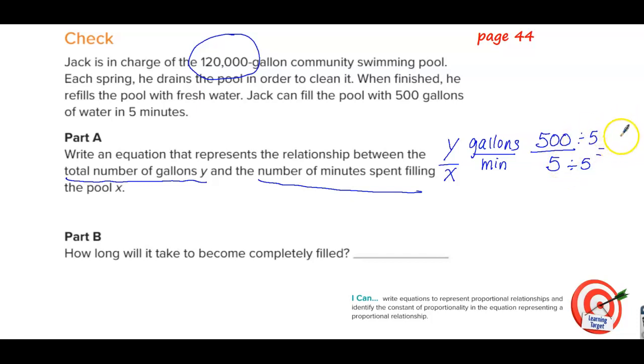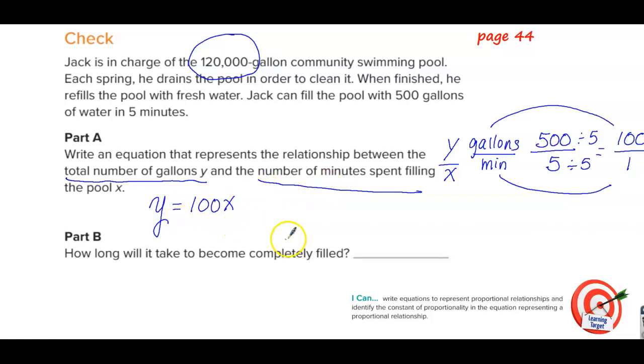And 500 divided by 5 is 100. 5 divided by 5 is 1. 100 over 1 what? This is 100 gallons in 1 minute. So they want us to write the equation. Our constant of proportionality is 100, so we write y equals 100x.